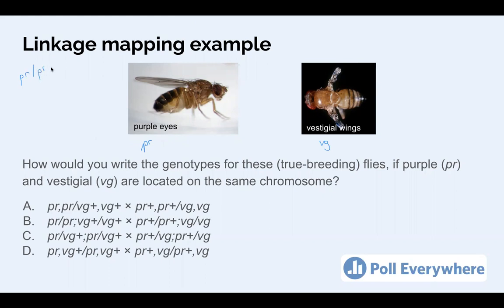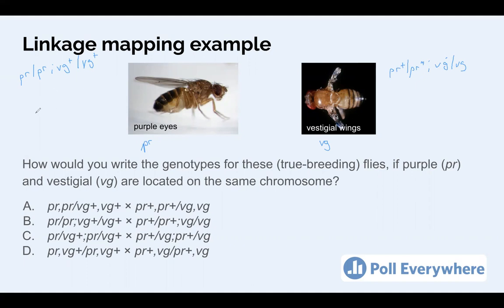So if it was unlinked, we'd have something like this: PR PR, VG plus VG plus, and over here, PR plus PR plus, VG VG. But we are linked here, located on the same chromosome.